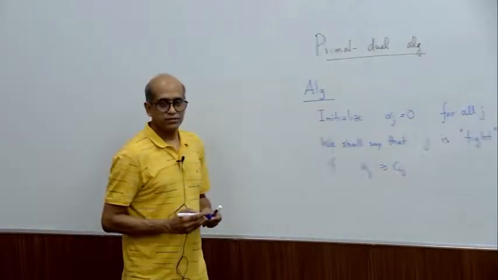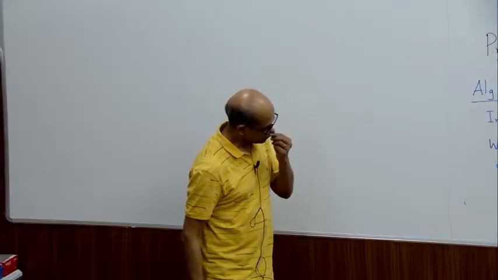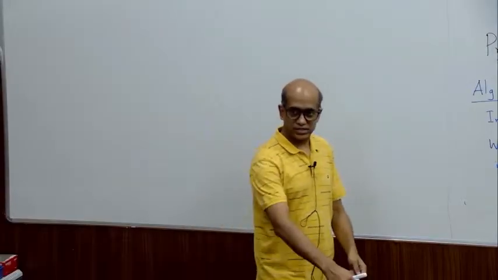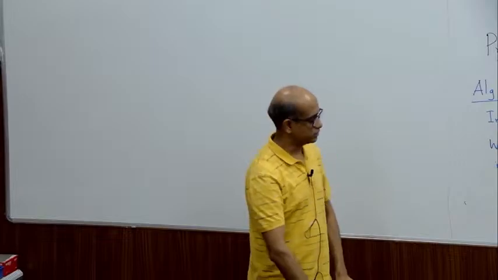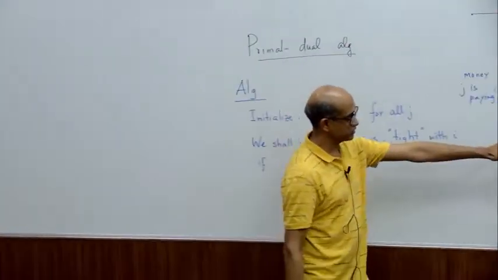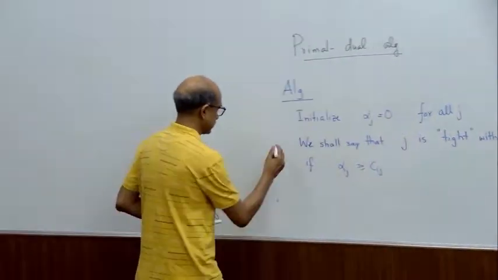In some sense, the moment alpha j has exceeded Cij, I'll say that you can't just raise alpha j. If you're going to raise alpha j, then you raise beta ij. Okay, this is one notation.